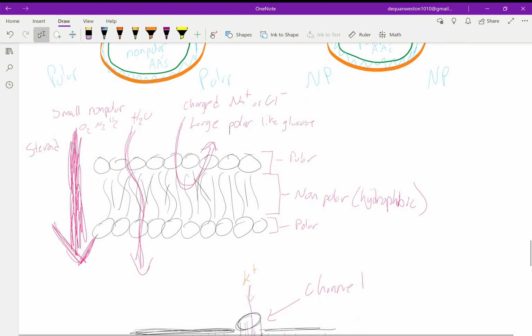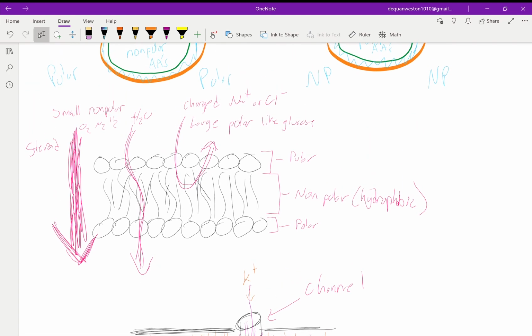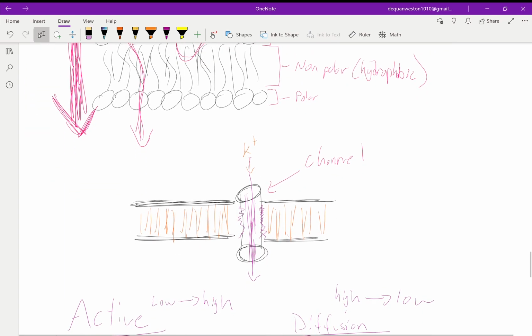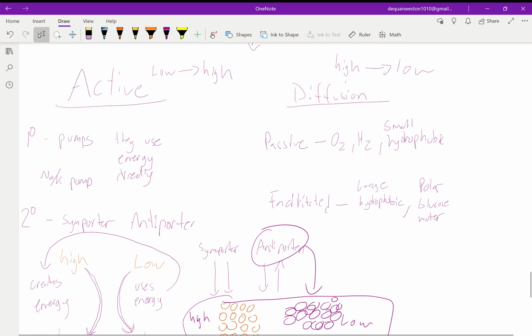We then went over lipids and these membranes and what can pass through them and what can't. We also mentioned why these can't pass through. And then we mentioned something called a channel, which can enable them to pass through. Then we went on to active and passive transport, and we talked about passive, which is simple diffusion, and facilitated diffusion.